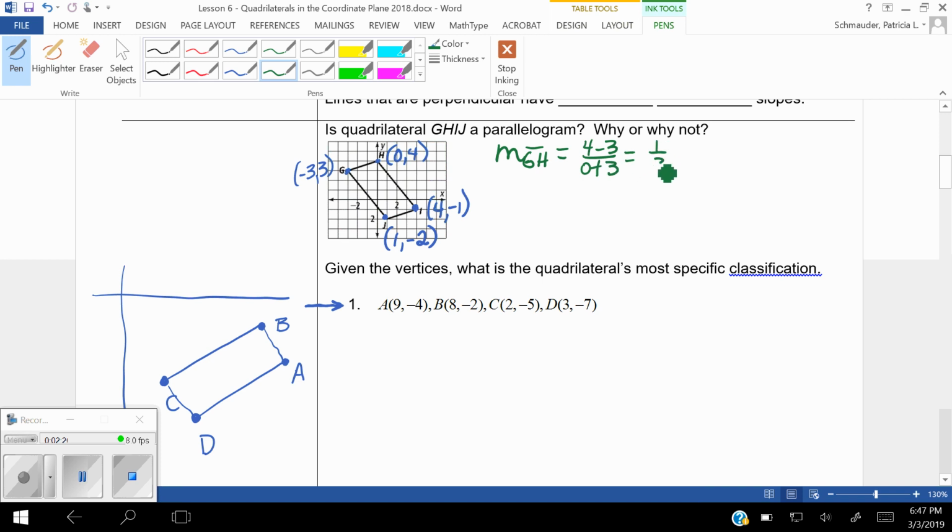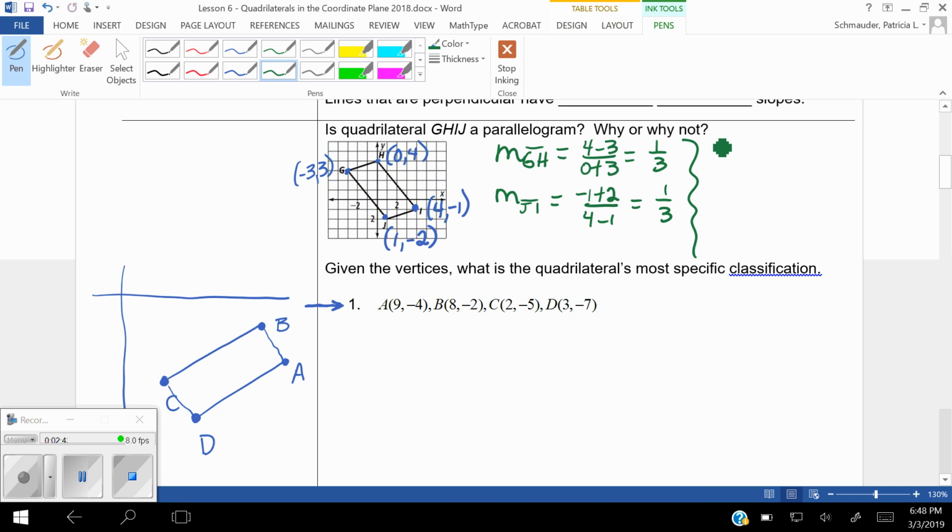So that's 1/3. And now I'm going to find the slope of the side opposite GH, which is JI, I think. The slope of JI is -1 plus 2 divided by 4 minus 1. So I get 1/3 again. So looking good so far.